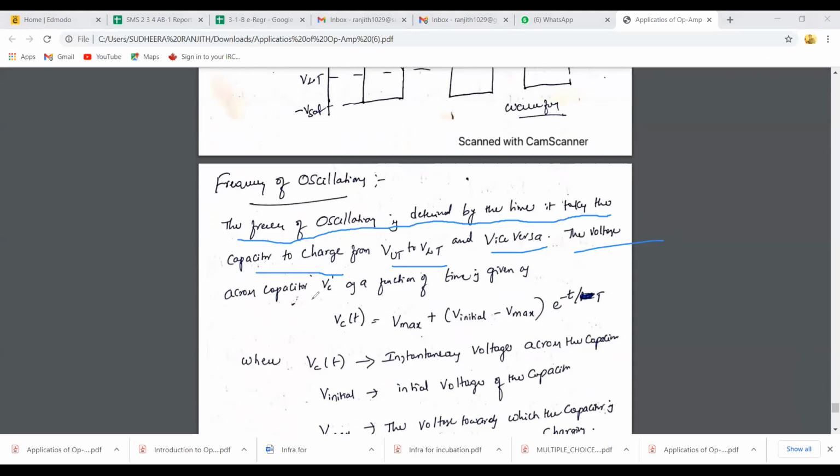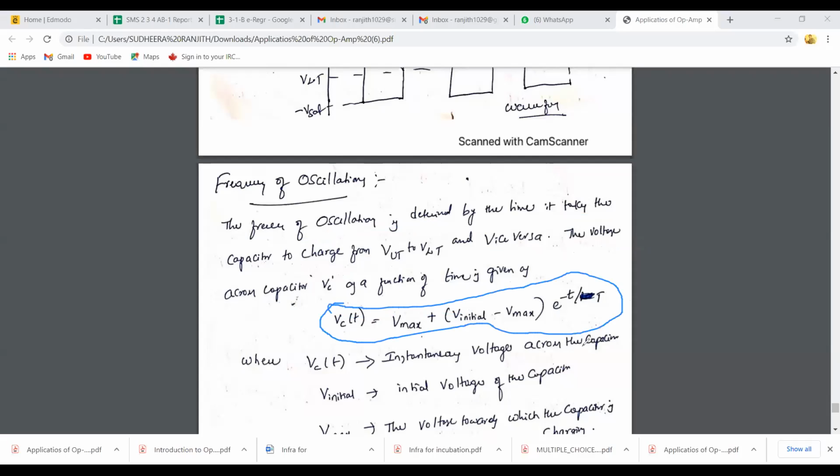The voltage across the capacitor as a function of time is given by this equation. This equation is similar to yesterday's equation. Yesterday also, for the monostable multivibrator, we used this equation to derive pulse width.